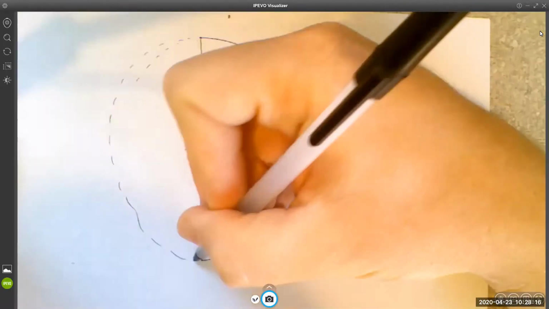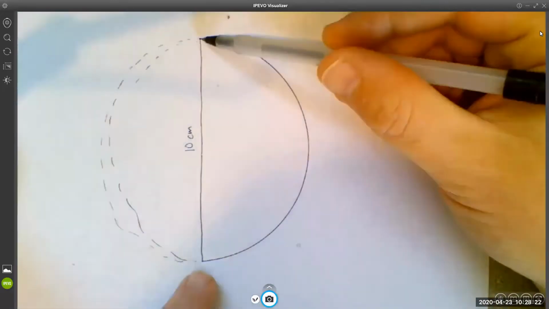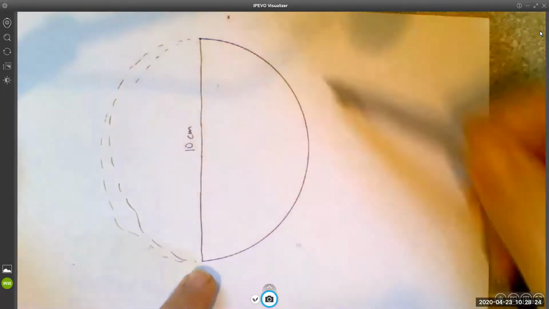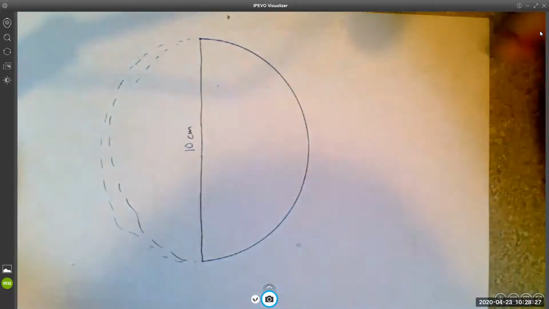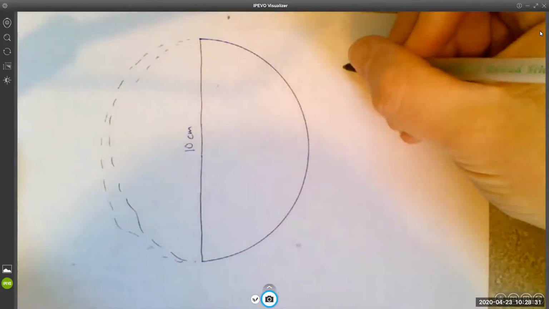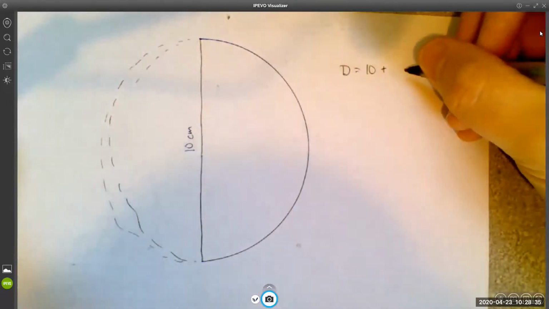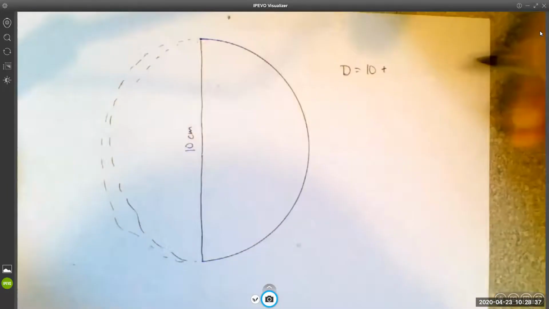Now you can see why I don't try to draw these freehand. But I could find the circumference of the entire circle and then just take half of that, right? So the diameter here is going to be 10 centimeters plus whatever the circumference of half of that circle is.